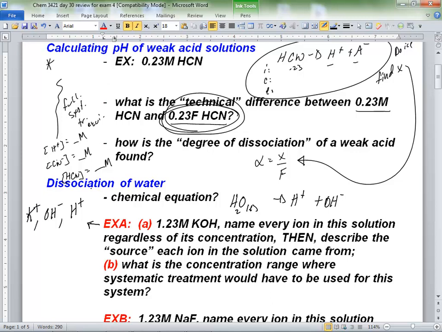What is the concentration range where a systematic treatment would have to be used for this system? Like I said, calculate the pH of this KOH solution.